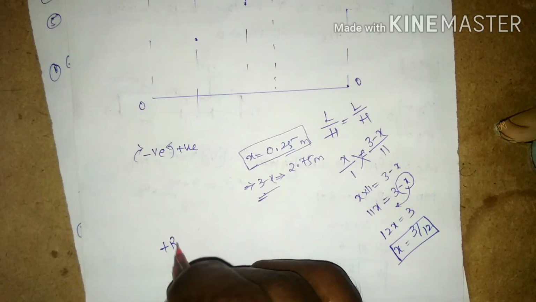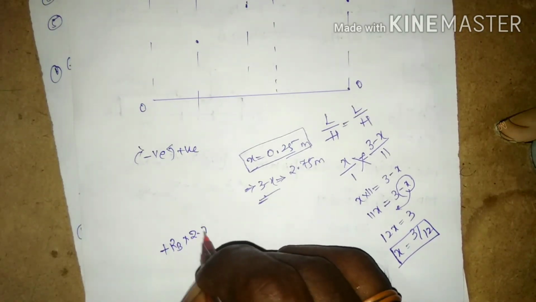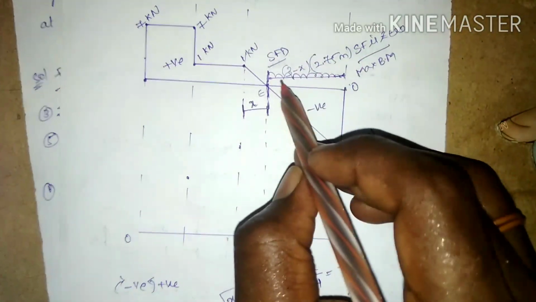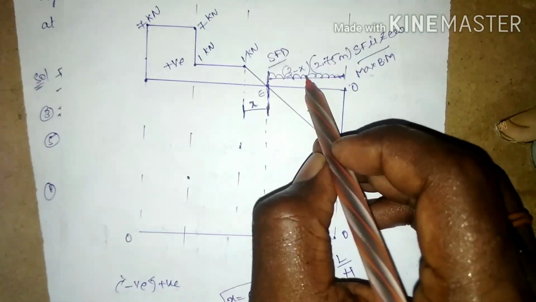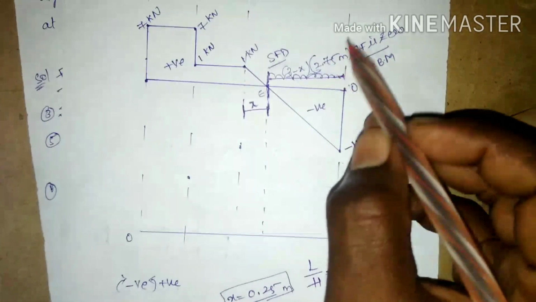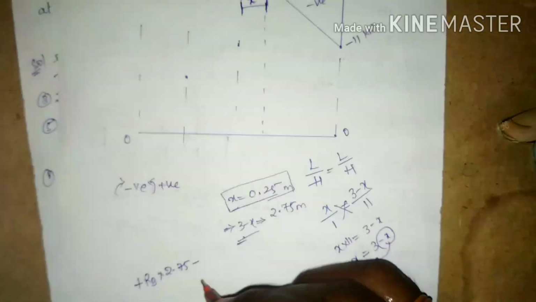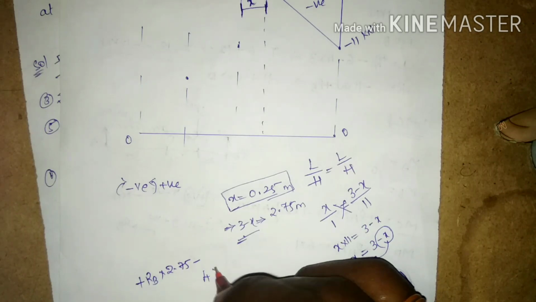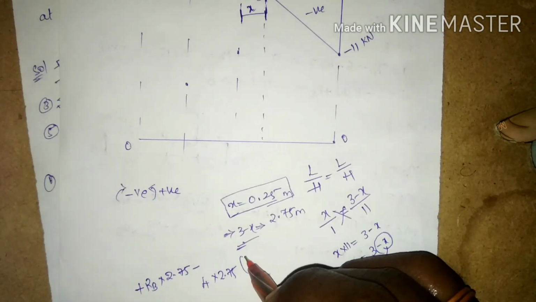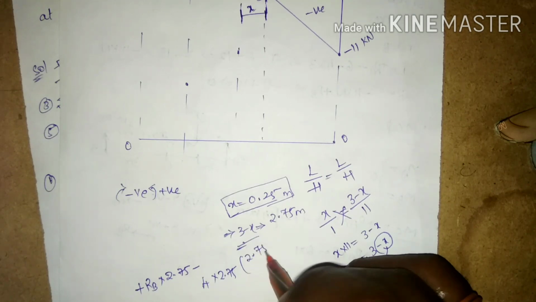positive RB into 2.75 minus, because the UDL is acting in this span, the UDL is taking moments, and the magnitude of the UDL is 4 kN per meter, so minus 4 into 2.75, and taking the moments from the half of the span, 2.75 by 2.